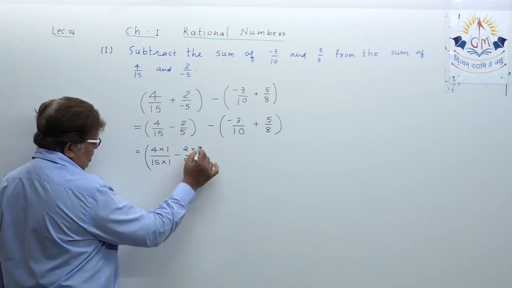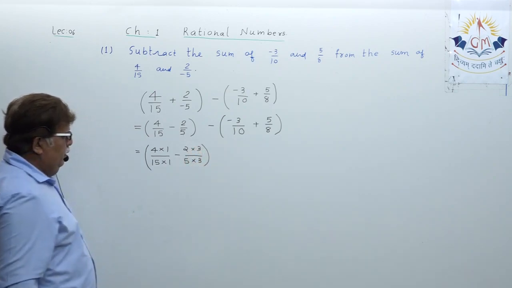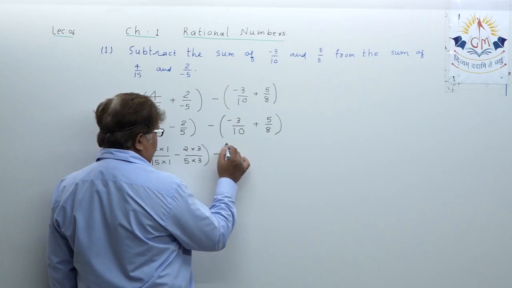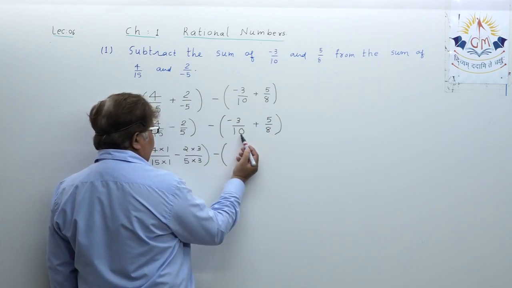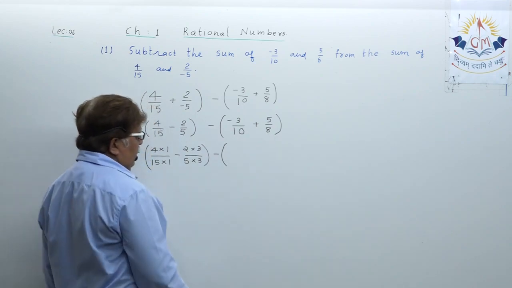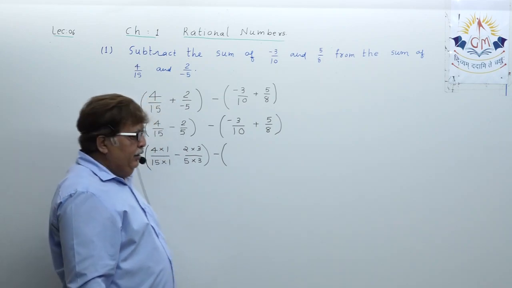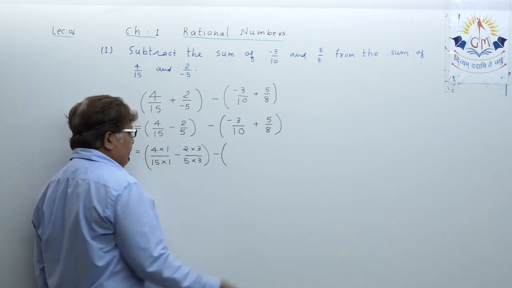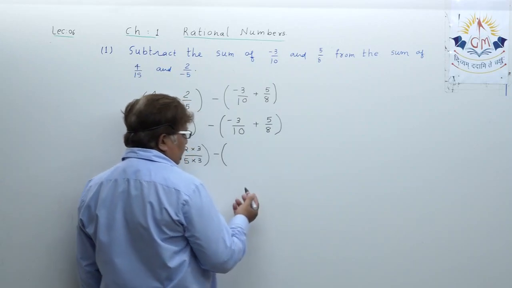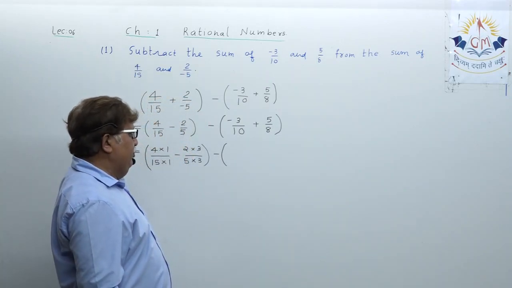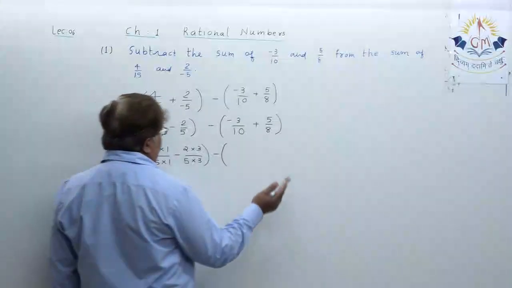Is it clear in your mind? Here, the LCM of 10 and 8 you can take out. If you take out the LCM, you will come to know that it is 40, as you know.